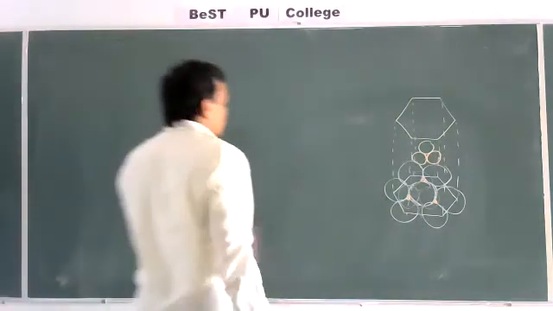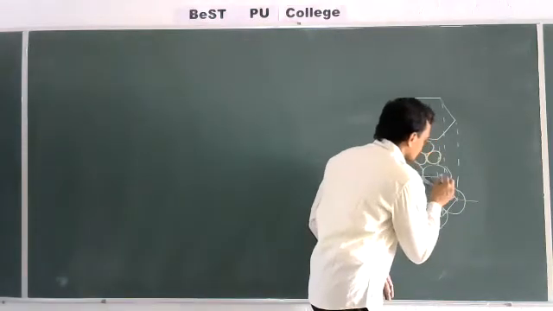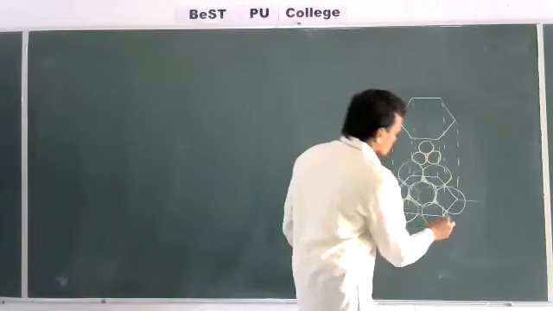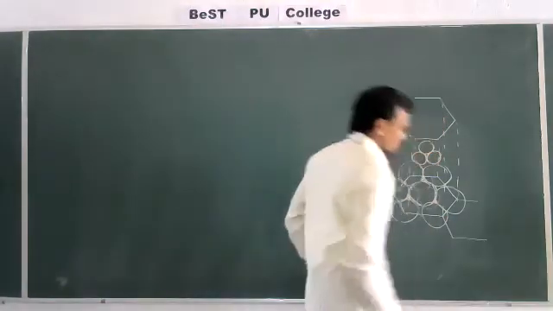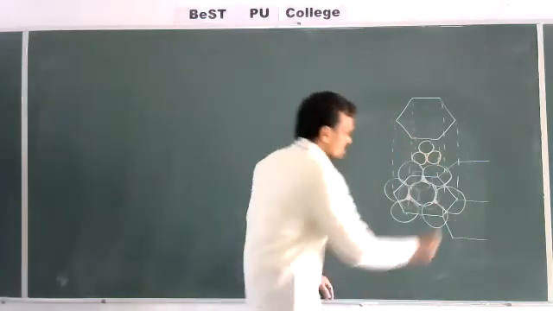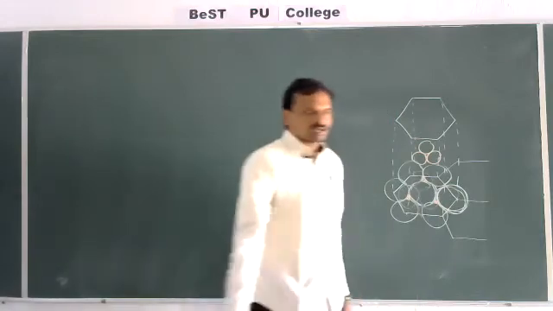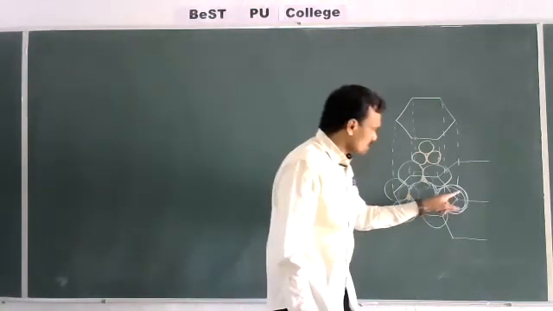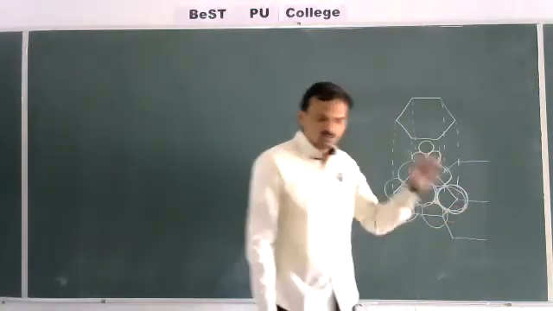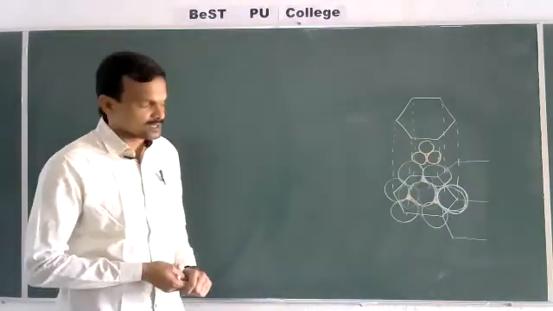Okay. Now, what is the contribution of the particles? See, if we extend this, what type of arrangement will we get? Like this. The particle present here is in contact with how many hexagons? 1, 2 and 3. So one particle in one plane is in contact with 3 hexagons.